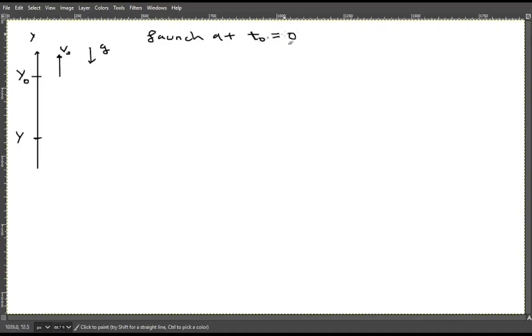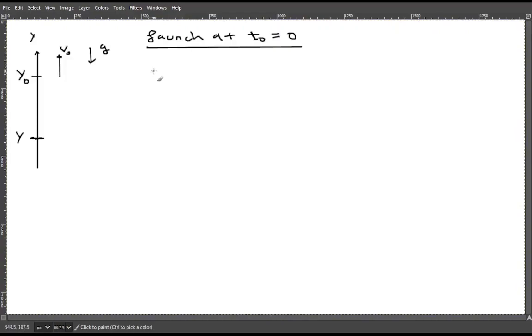So time 0 is equal to 0, and then down here the time will be equal to t, which we can think of as the time of flight when we stop our stopwatch. So let's go ahead and see if we can figure out how to analyze this motion.